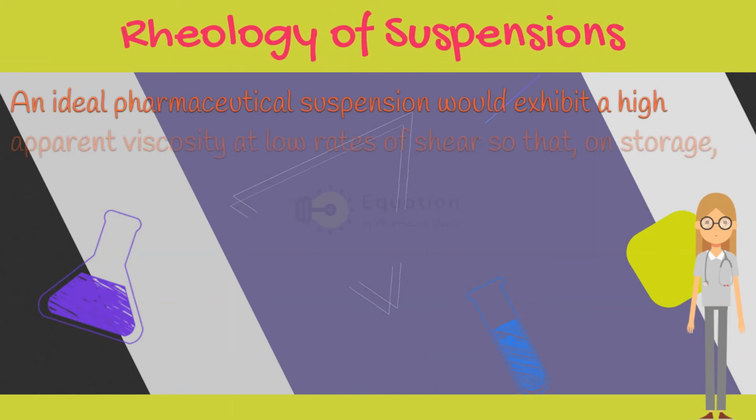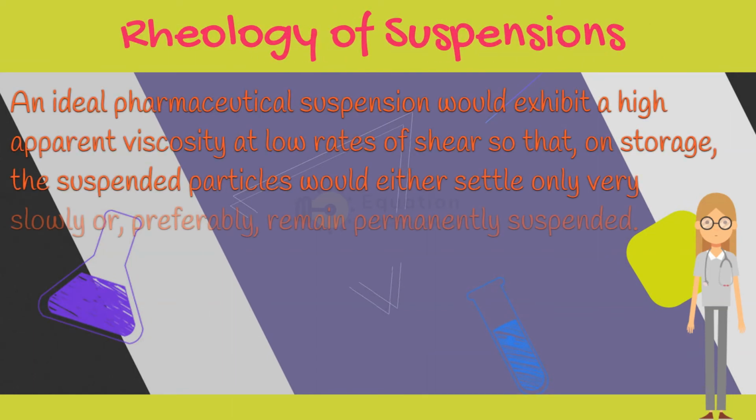An ideal pharmaceutical suspension would exhibit a high apparent viscosity at low rates of shear, so that, on storage, the suspended particles would either settle only very slowly or, preferably, remain permanently suspended.